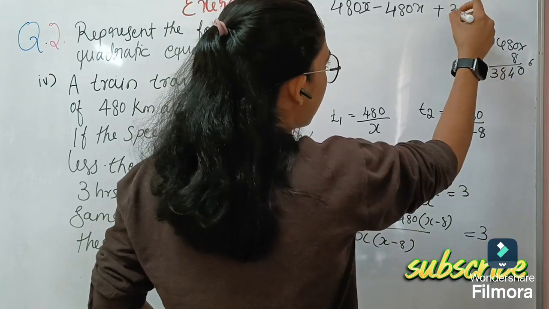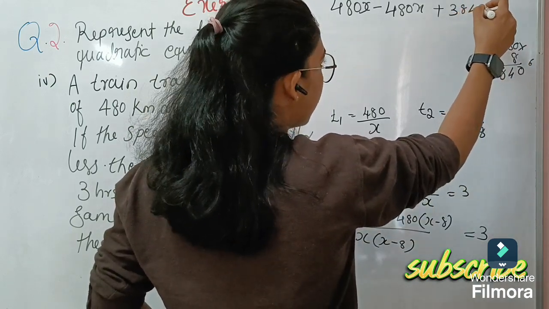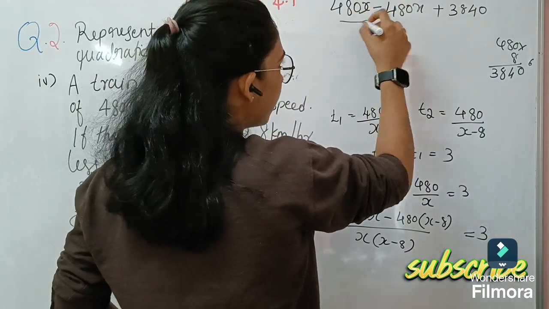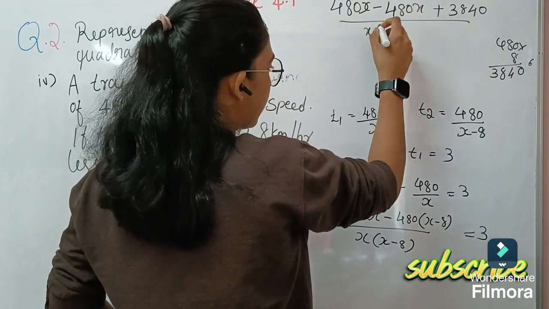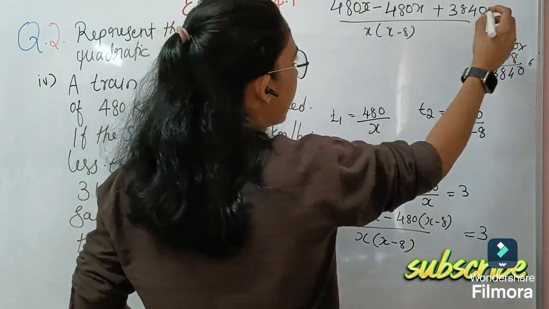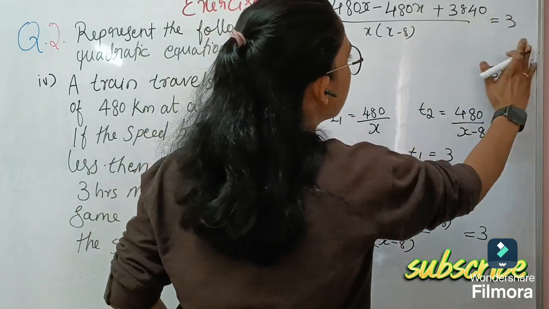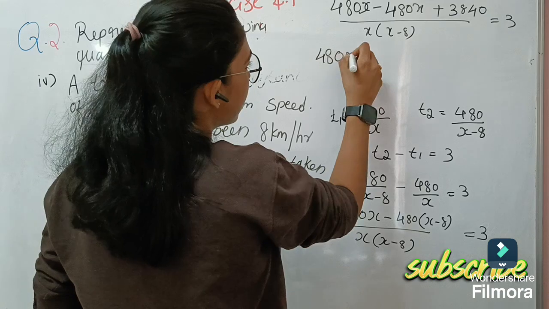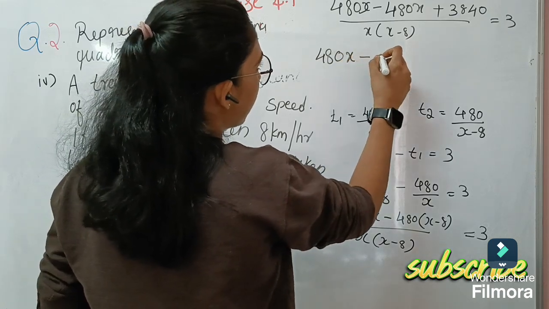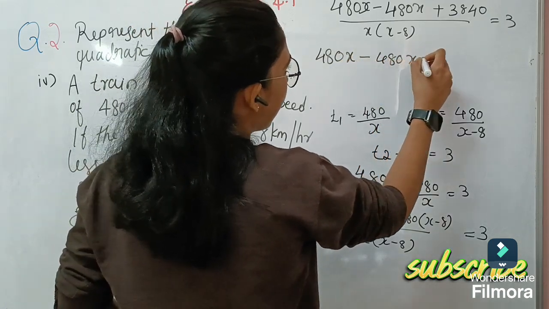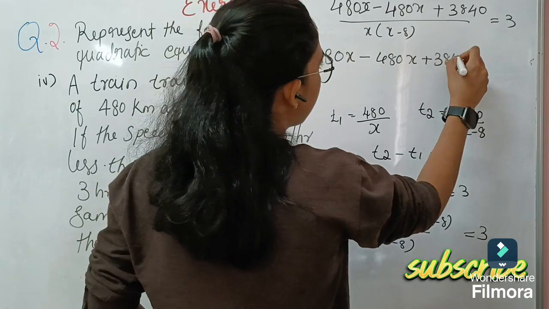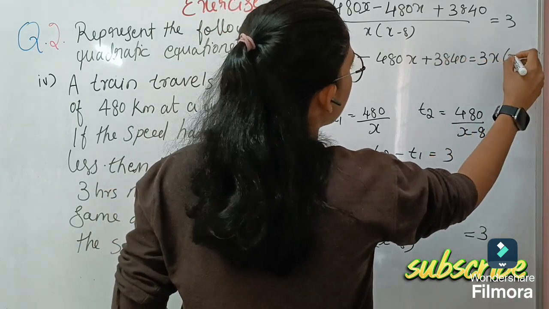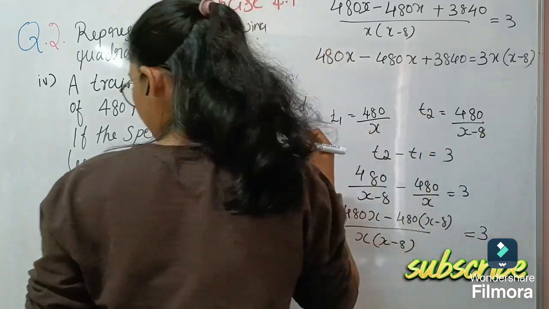that is 3840, divided by x times (x minus 8), which is equal to 3. Now on rearranging, 480x minus 480x plus 3840 is equal to 3 times x into (x minus 8).